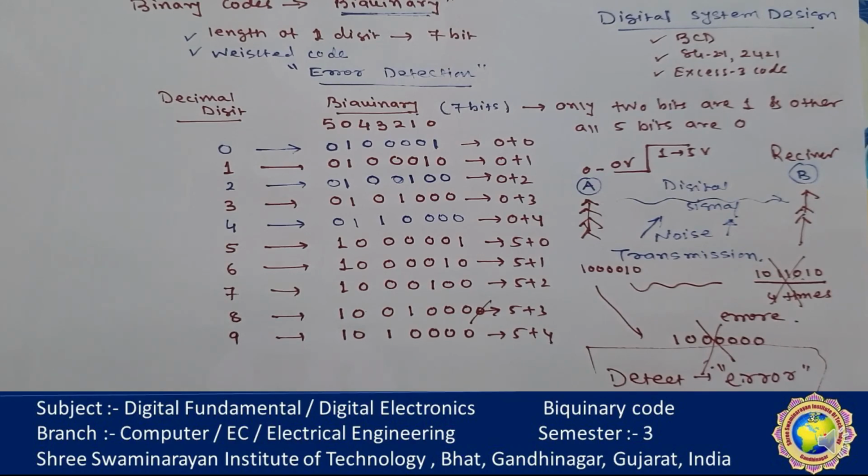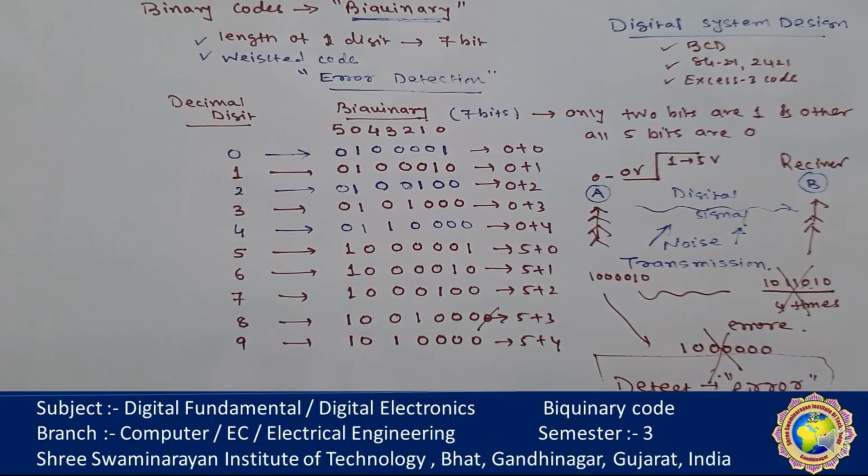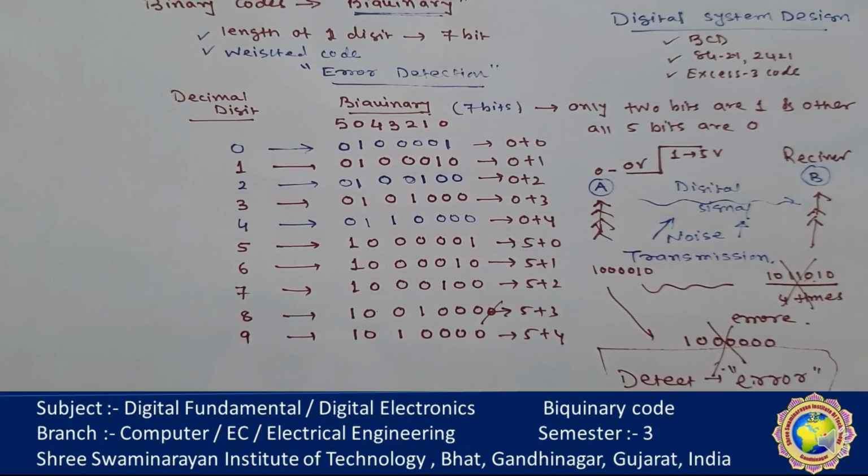So the advantage of this binary code is that it can easily detect errors. It is a weightage code, but it requires double the space to send the data compared with BCD or other binary coded decimal values. I hope it is making sense: the purpose of this binary code, and its advantages and disadvantages.